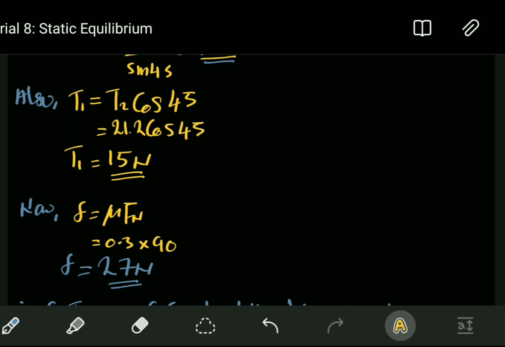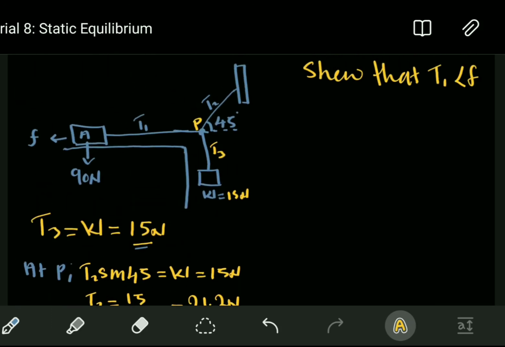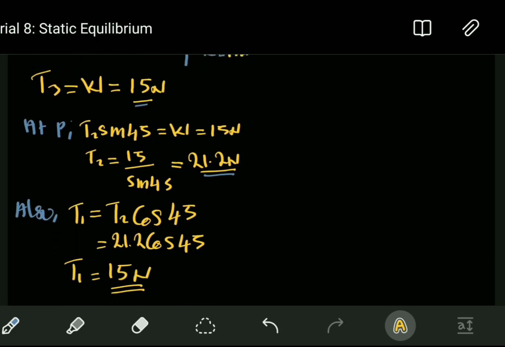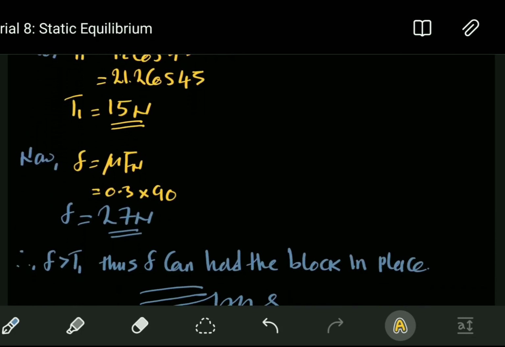Notice the normal force here is going to be the weight of block A. Block A has a weight of 90 newtons. That's why we're saying the normal force in this case is still 90 newtons. So 0.3 times 90 gives us a friction force of 27 newtons.